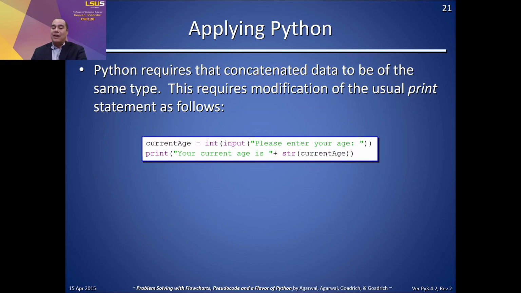Python requires that concatenated data be of the same type. This requires modification to the print statements as follows. If you're going to have a print statement and here you have a string, you have to have a string over here as well. But current age is not a string, it's an integer, because it got cast into an integer. So it has to be cast back to a string. That's why you're going to have a string with a string to concatenate.